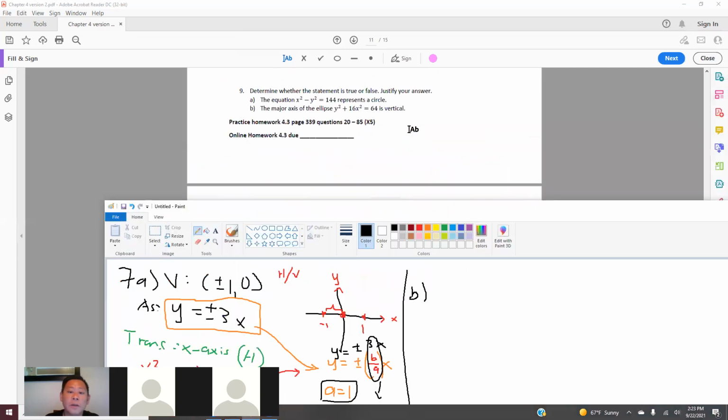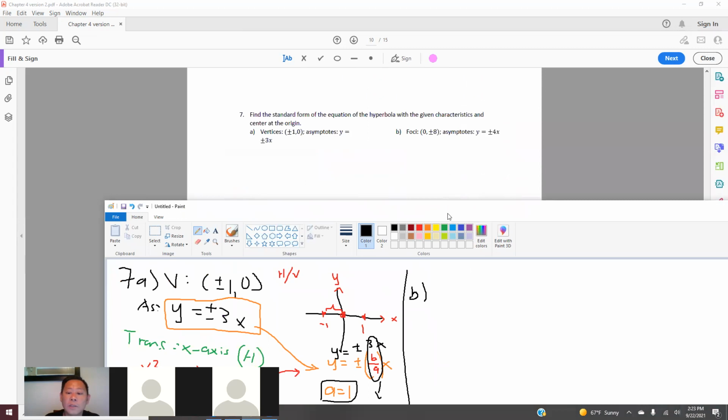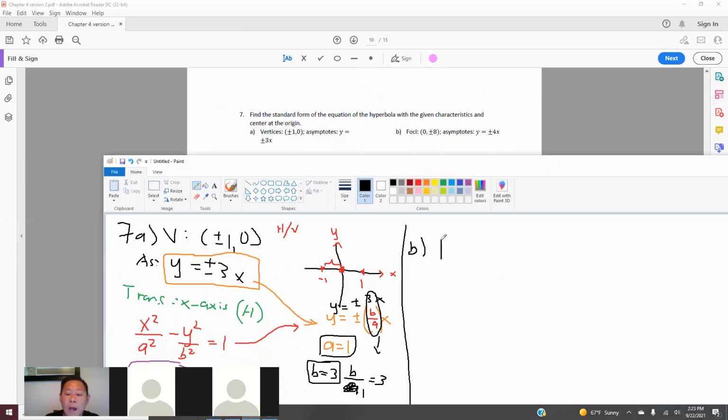This one gives us that the foci are at 0, plus minus 8, and the asymptotes are y equals plus minus 4x, and we need the equation.